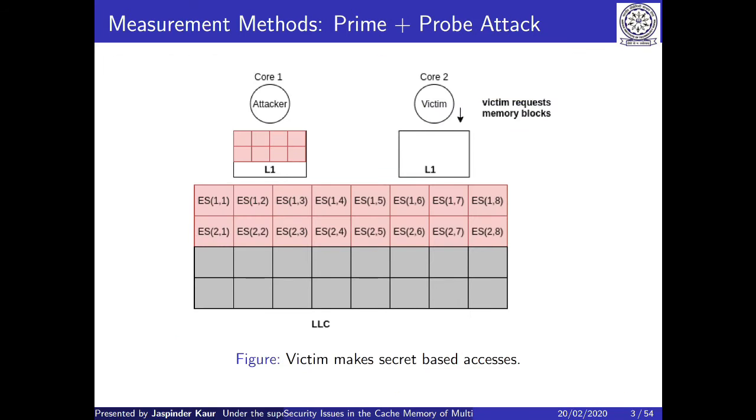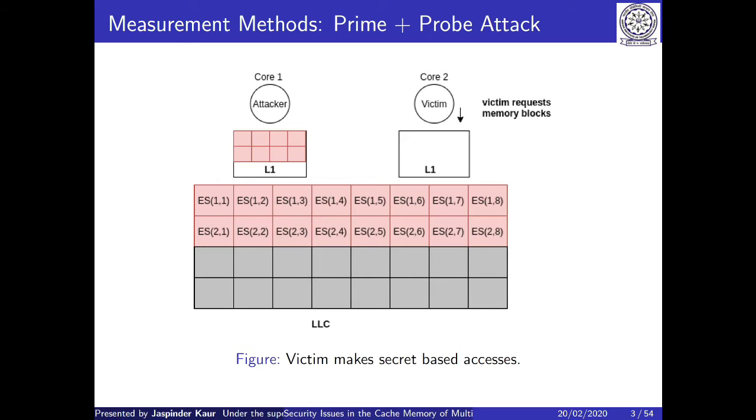If you remember my last class, in prime probe the first phase is called the prime phase. In the first phase, the attacker requests some blocks for these two sets, set 1 and set 2. After this prime phase, set 1 and set 2 will be filled by the blocks of the attacker. After the prime phase, the attacker will wait some time and observe the behavior of the victim application.